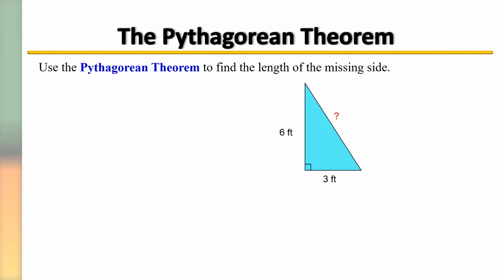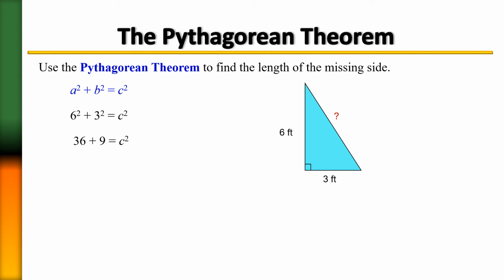Let's use the Pythagorean theorem to find the missing side of this right triangle. So as you can see, we know A, we know B, but we don't know C. So we don't know what the hypotenuse is. Let's plug in the values of A and B so that we can solve for C. So 6 squared equals 36. 3 squared is 9.